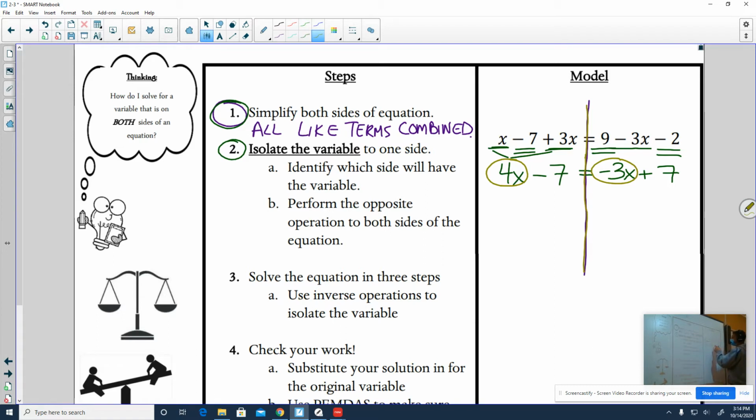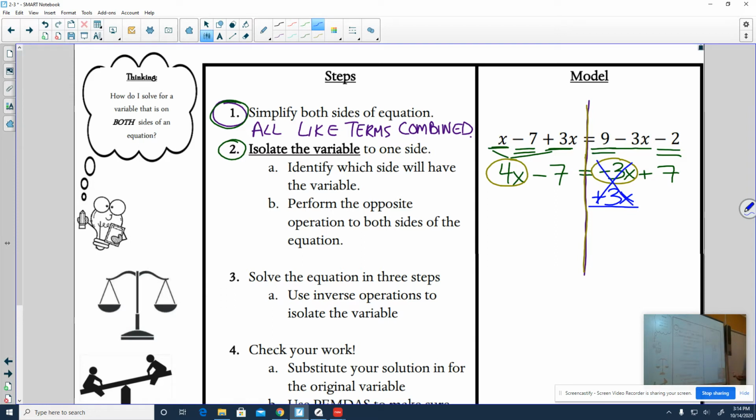Well, if I have a negative 3x on the right, if I want to eliminate a negative 3x, what would happen if I add 3x to it? A negative 3 plus 3, well, that's going to give me a 0x. That is going to cancel my x terms on the right side.